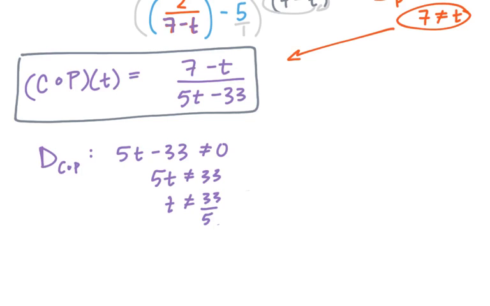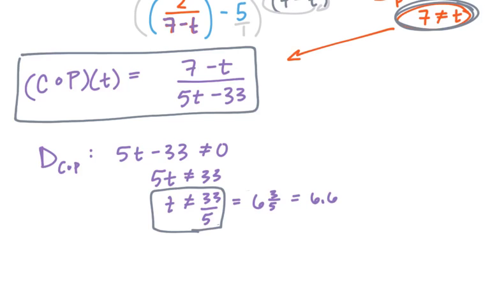Now 33 over 5, that is 6 3/5, or rather 6.6. So we know that t is not allowed to equal 7 or this fractional value, 33 over 5, which is also the same as 6.6.